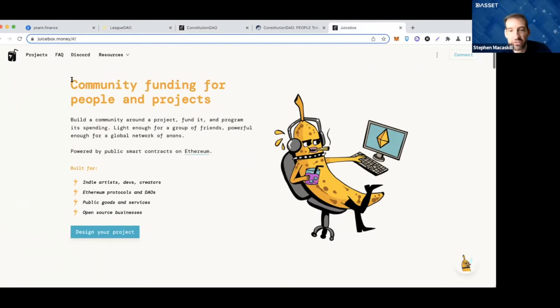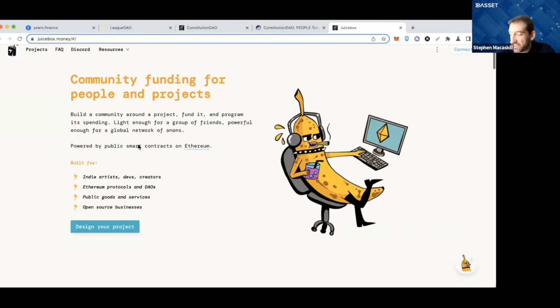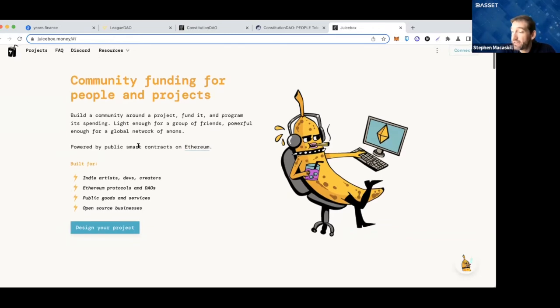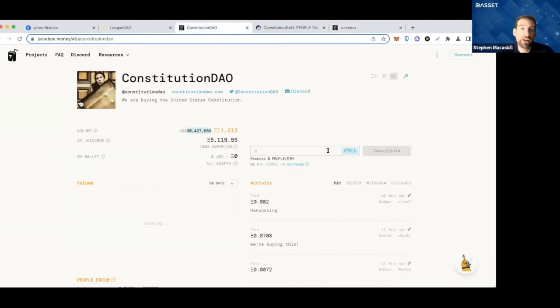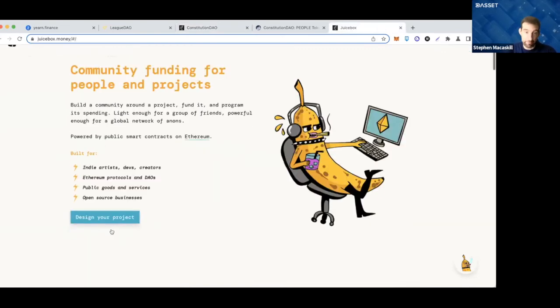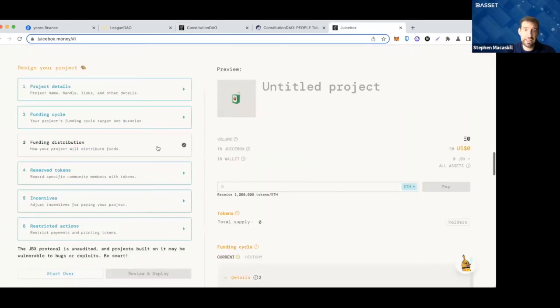This Juicebox platform is essentially a drop-down template builder that uses smart contracts on the Ethereum blockchain for you to customize your own DAO, your own project. And so the Constitution DAO, they didn't even use their own custom smart contracts. They used smart contracts that already existed out there. And the amount of customization that already exists is incredible.